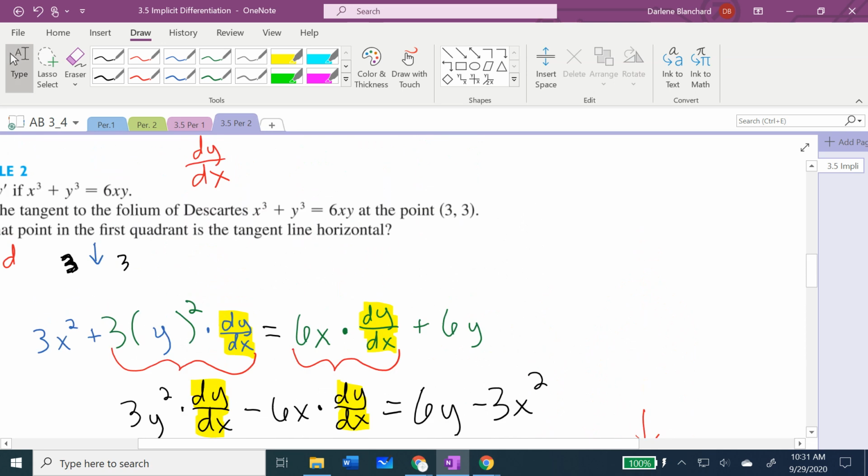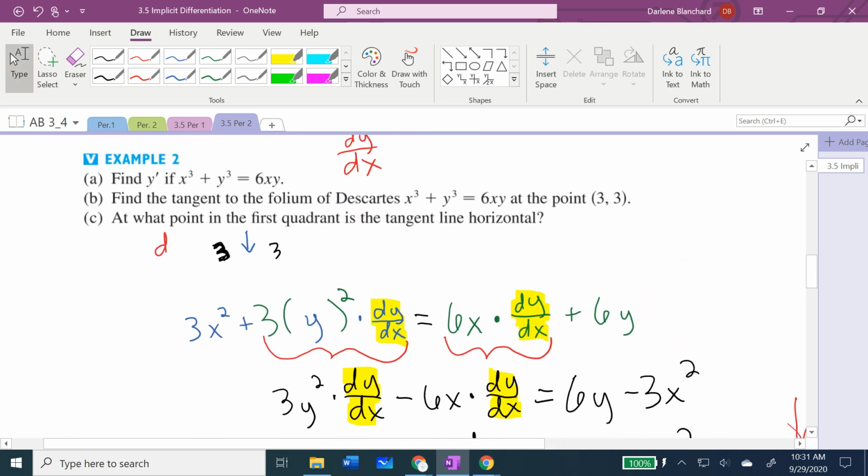Now, let's see what else we needed to do. That was part A. Part B, find the tangent. Oh, this is such a special curve. It's called the Folium of Descartes. And we want to find the tangent line at the point (3, 3).